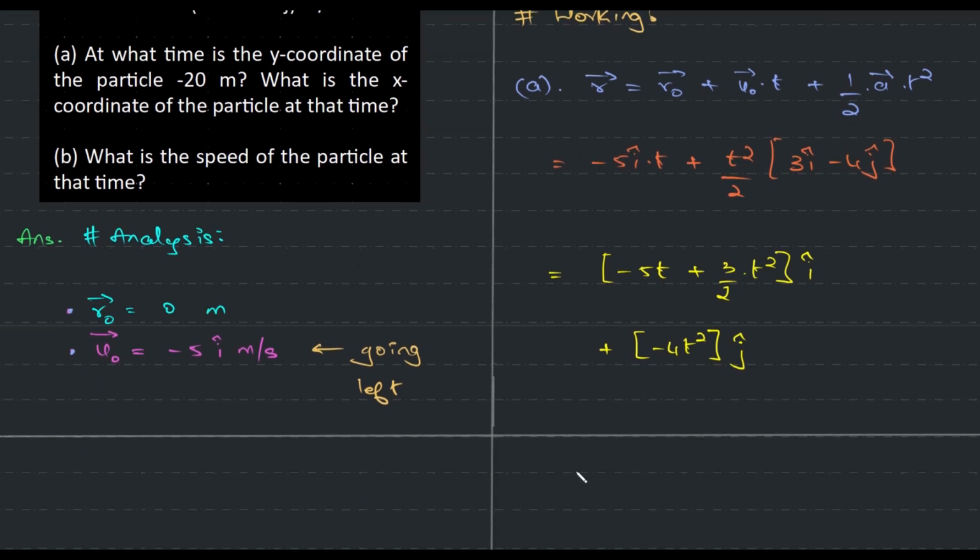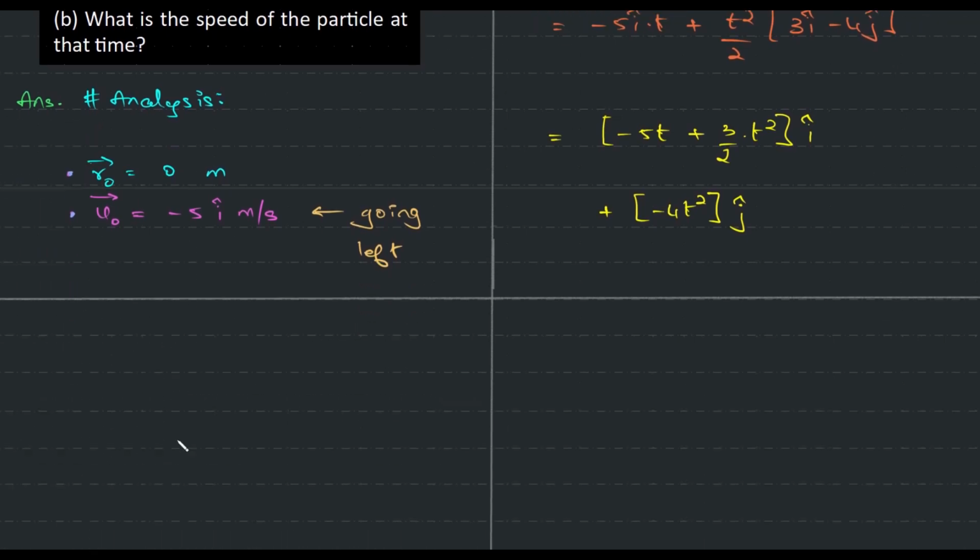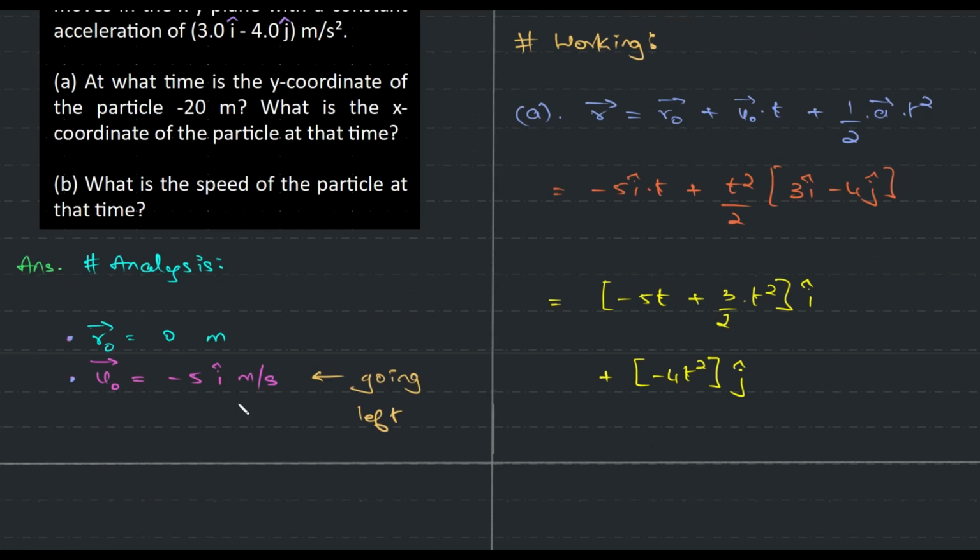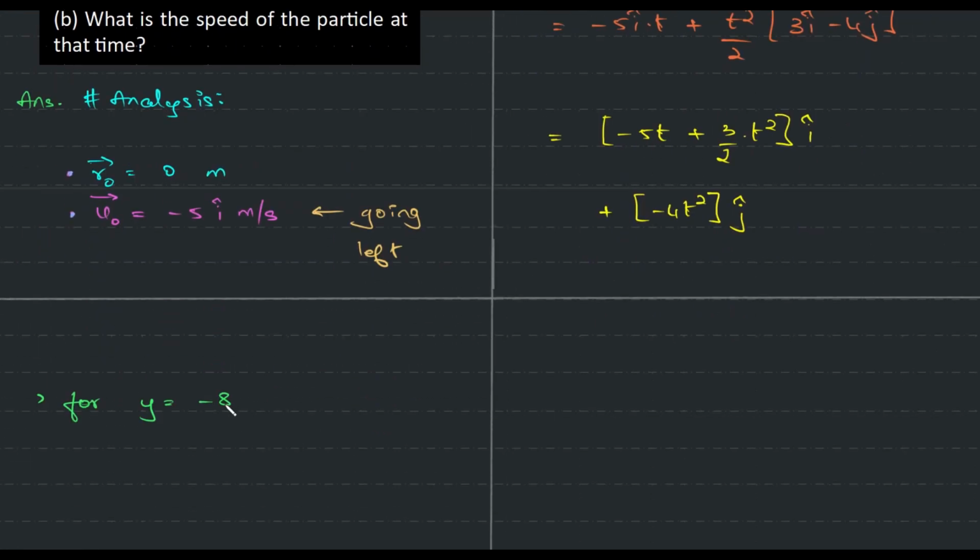Okay, so we need to figure out at what point of time the particle is at minus 20 meter along the y-axis. For y equal to minus 20 meters, we have minus 4 t square is equal to minus 20.